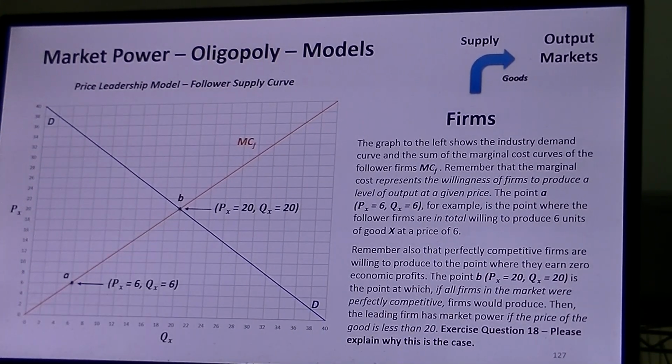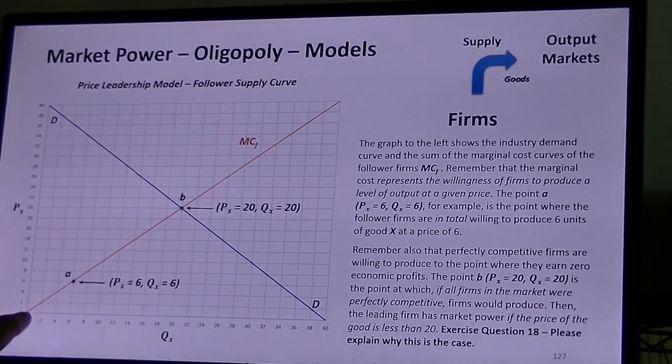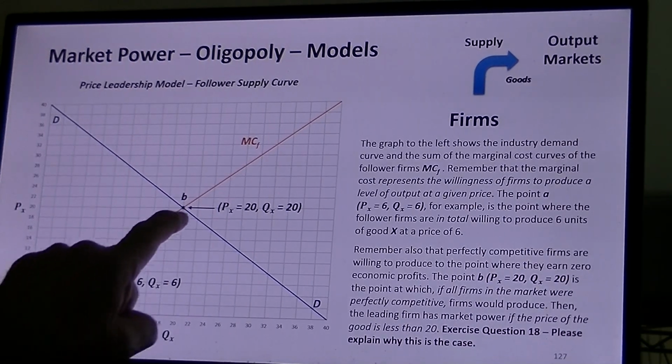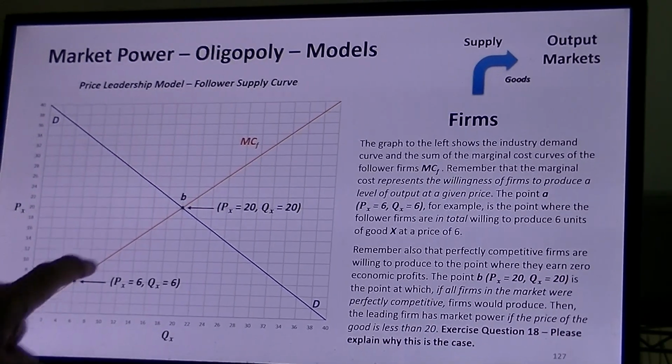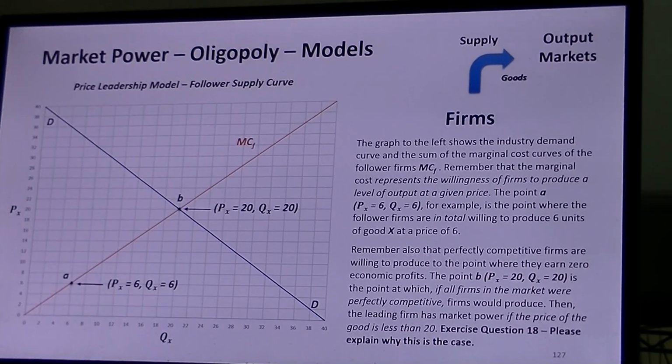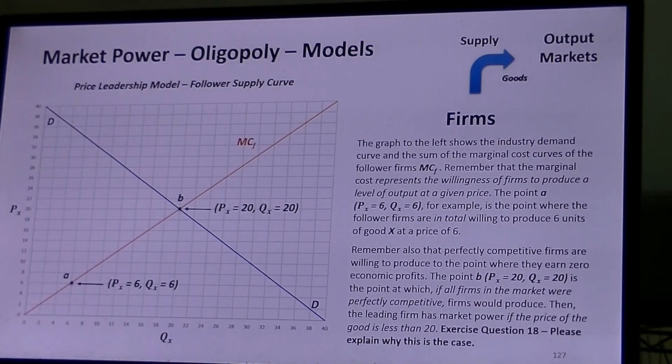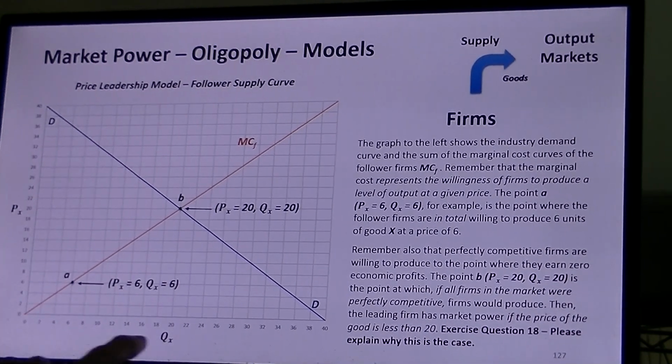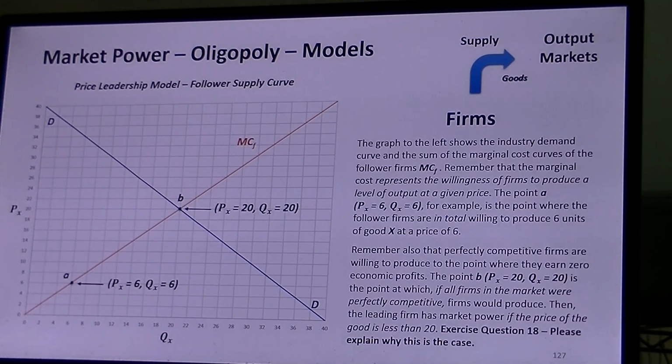They can also see that their competitors have an upward sloping marginal cost curve, so that the more they produce, the higher their price. So they can see those things. And now here we're assuming that the leader firm produces at a zero marginal cost.